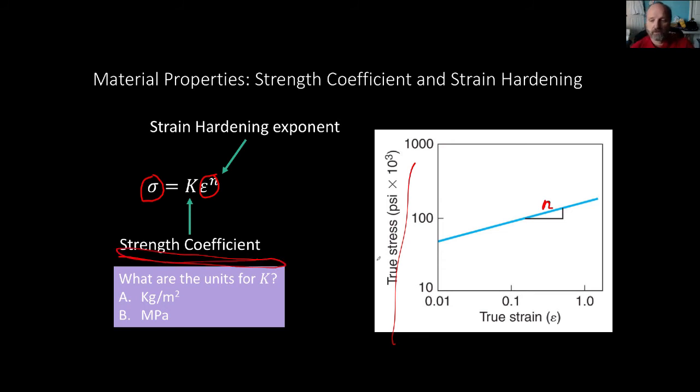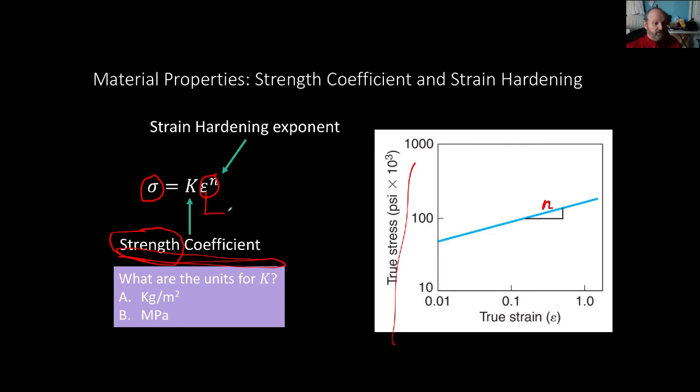All right, so how do we determine those things? First, let's take a look at the units. What units is K, the strength coefficient? Well, remember e, elongation, true strain, is a unitless number. It's the log of L over L naught.